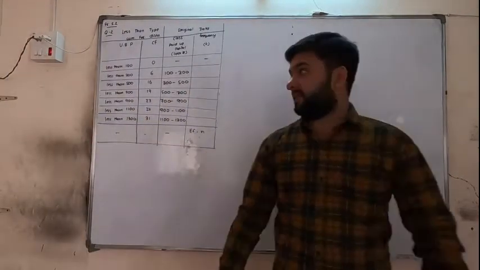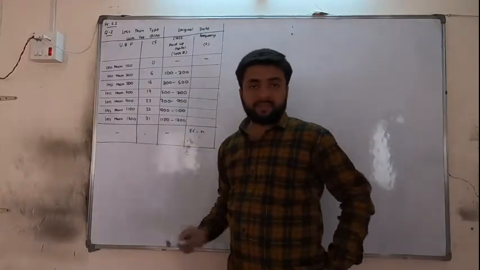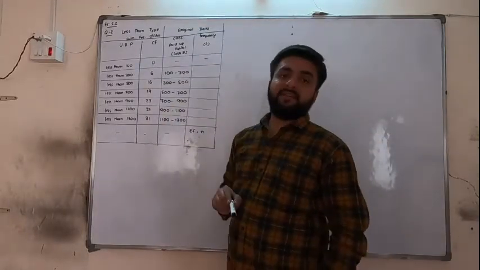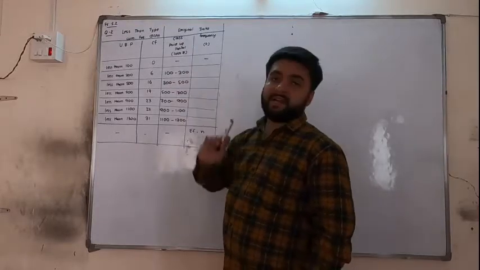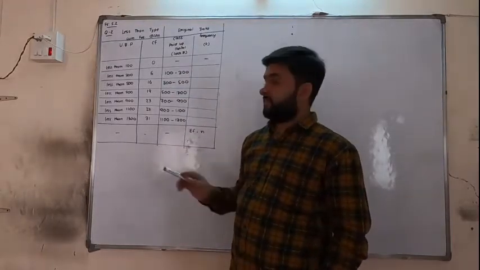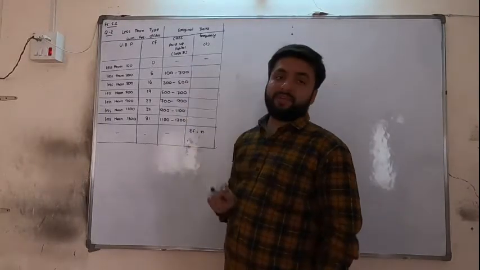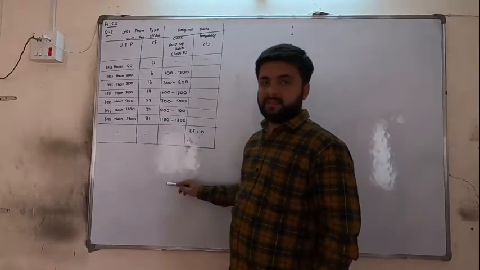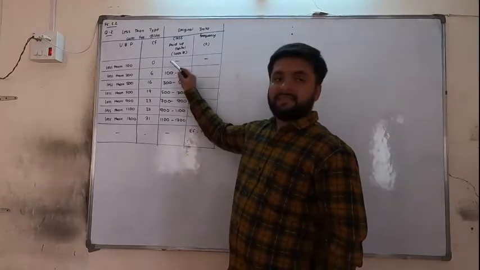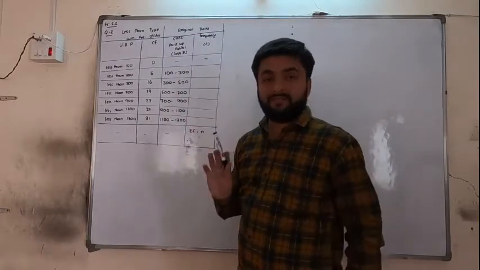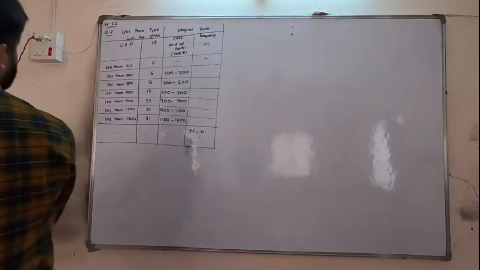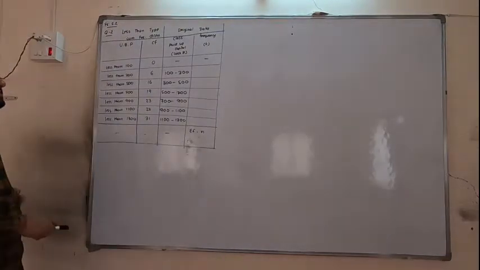One thing you have to note: if 0 is given, then we start from the next line; if 0 is not given, then we start on the same line. In more than type, when 0 is given at last, the dash comes on the lower side, and in less than type the dash comes on the upper side. But for that 0 should be given; if 0 is not given, then the data will be directly adjusted.